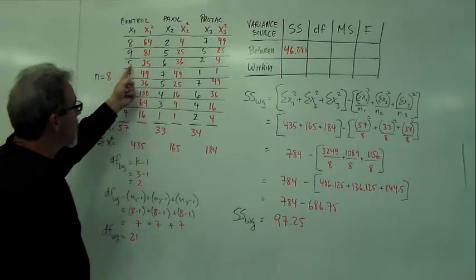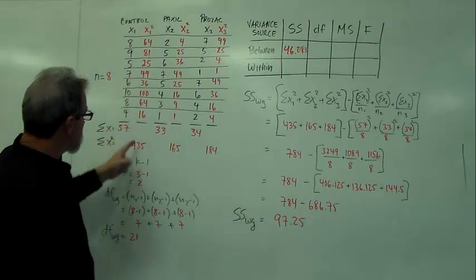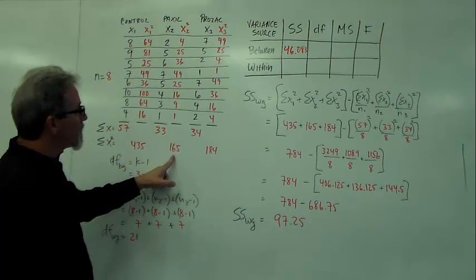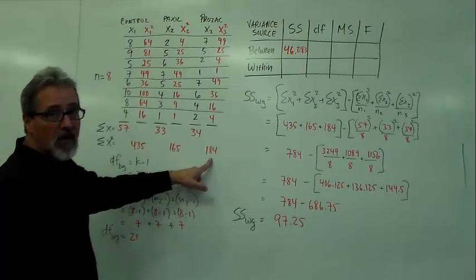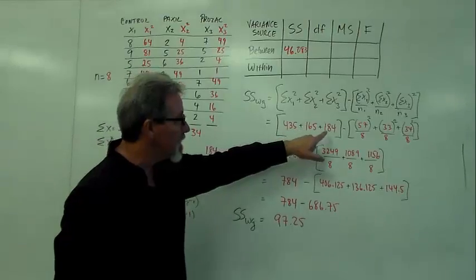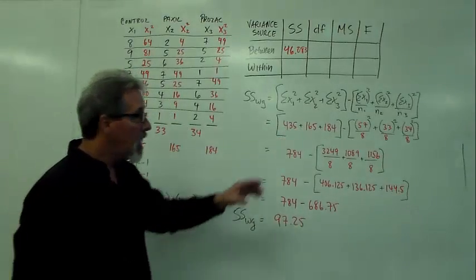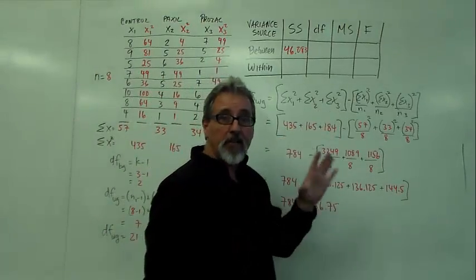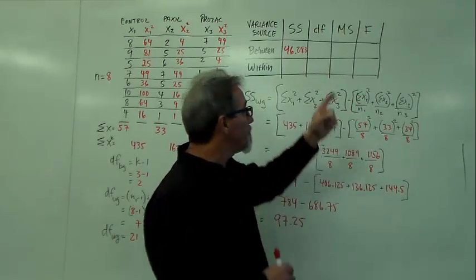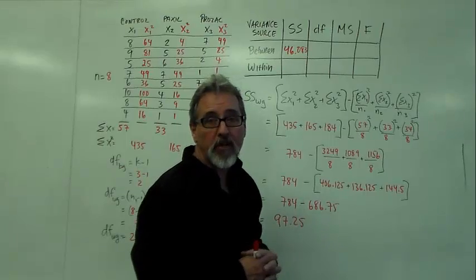8 times 8, 9 times 9, 5 times 5. So we end up with a sum of x1 squared column, a sum of x2 squared column, and a sum of x3 squared column. And these are the numbers we plug right in here. Okay? And then we do this second half of the equation. If you look carefully, this part of the equation is the same as the first part of the sum of squares between formula.